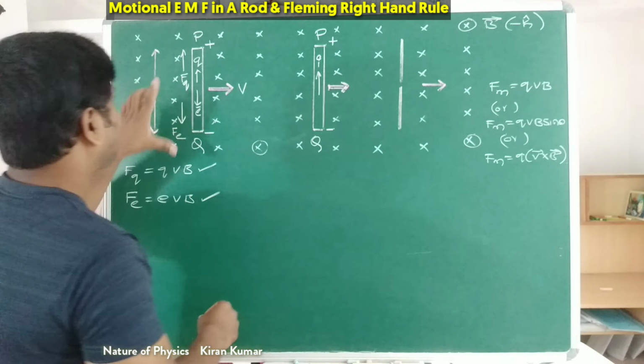Due to the induced EMF, there is an induced current from the Q end to the P end. So this is the induced current. Whenever induced current is there, it produces an electric field. The electric field is developed in the direction of the induced current.